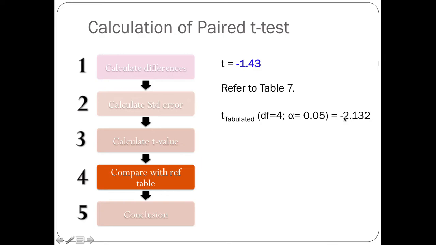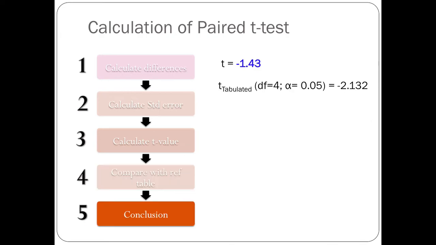Why is it negative over here? As I've already mentioned, it can be negative 2.132 or 2.132. Because your t calculated is actually a negative value, this will be negative 2.132. So what is the conclusion over here? Is there a significant difference, or is there no significant difference?